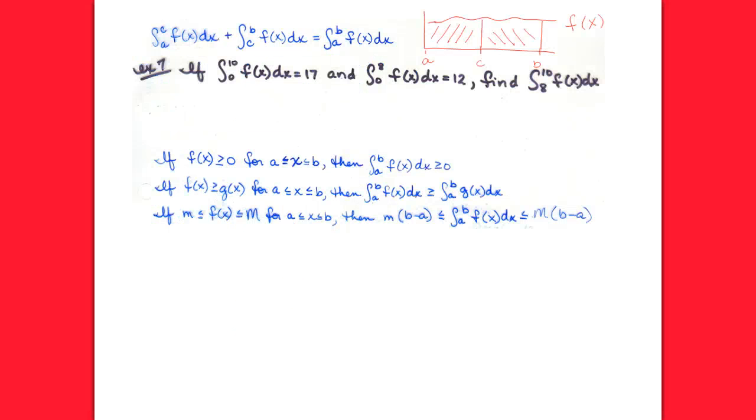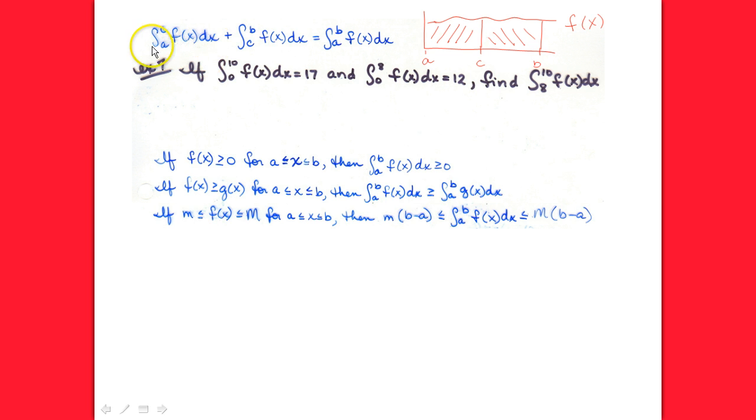Property number 5 says the integral from a to c of f of x dx plus the integral from c to b of f of x dx is equal to the integral from a to b of f of x dx. Here's the idea.